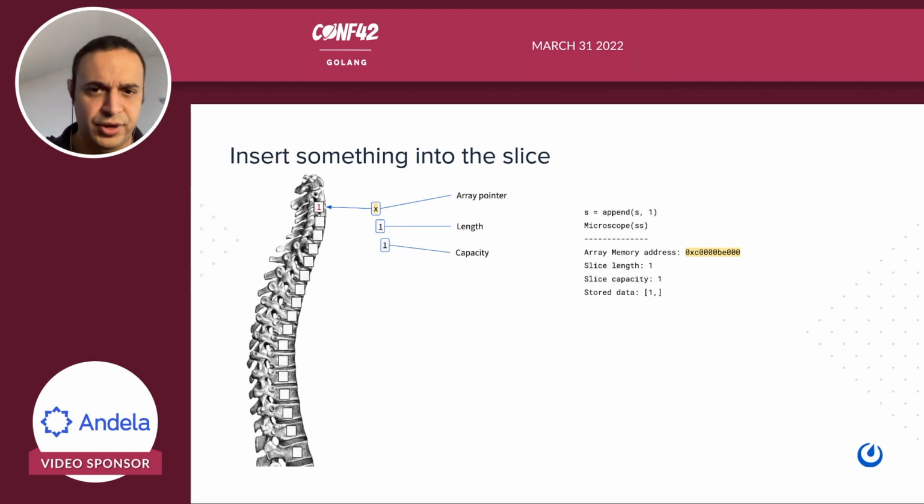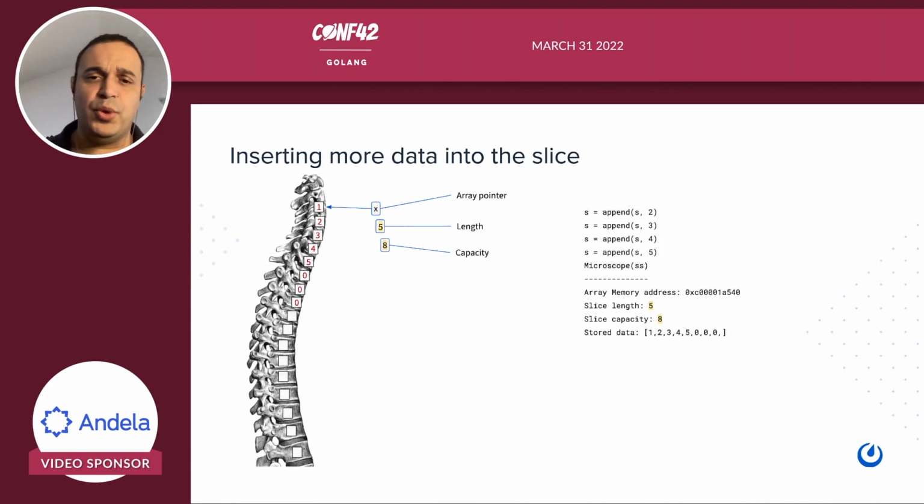In this case, it's 1. So every time that we reach the capacity limit of the slice, a resize happens. A resize is just reserving a bigger chunk of memory in the heap and migrating all the data to this new chunk of memory. In this case, we added 5 elements, and in that process, the slice has been growing.